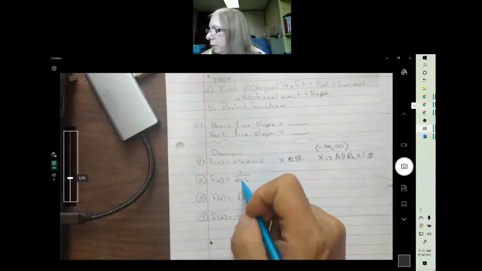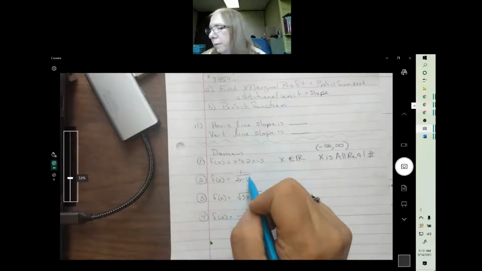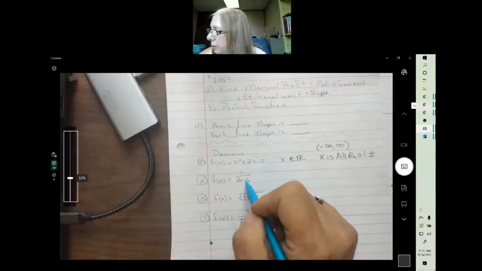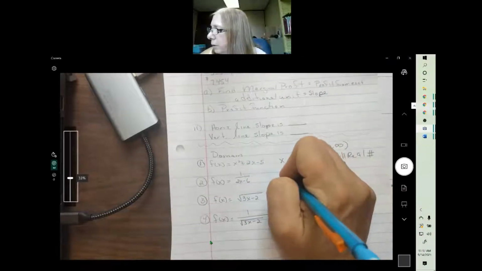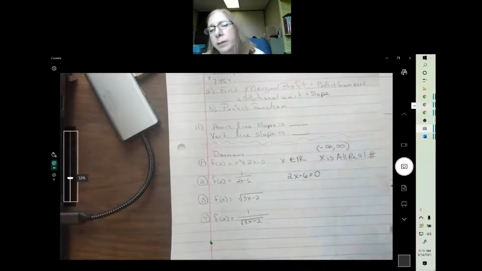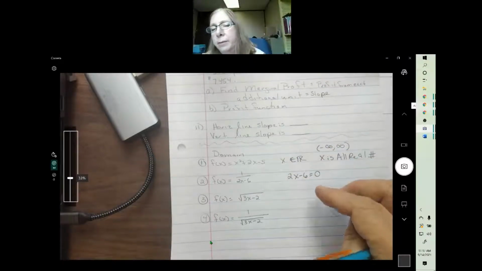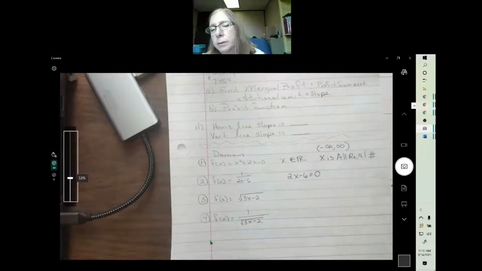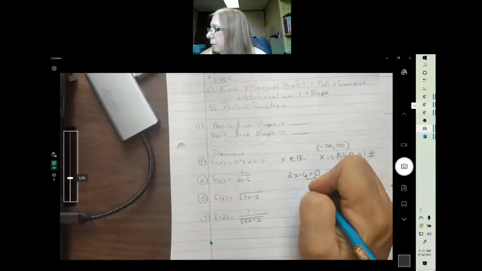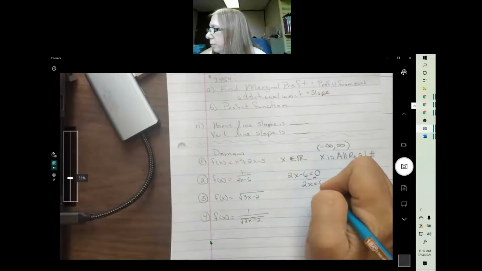Now when we have a fraction, we have to be careful because we can't have 0 in the denominator. So we take 2x minus 6, set it equal to 0, and solve. Once we get our answer, we omit that value. Add the 6 and divide by 2.